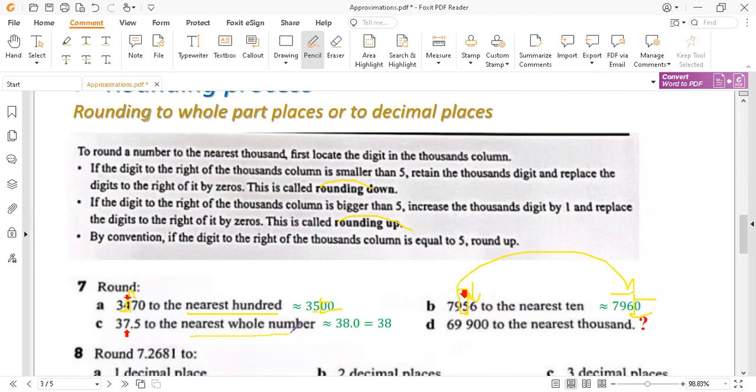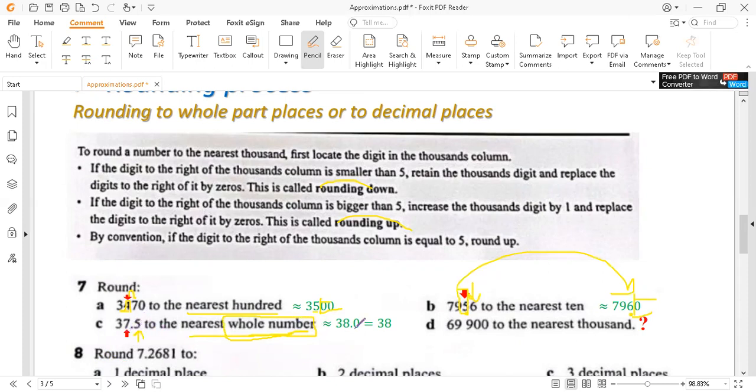Okay, to the nearest whole number. What do we mean by whole number? Normally to the nearest unit. Whole number, integer. So we don't want the decimal point. So we want to round it to the nearest unit. So we compare this one. Is it greater or equal to 5? Yes, it is equal to 5. So we add a 1 and we put all these as zeros.